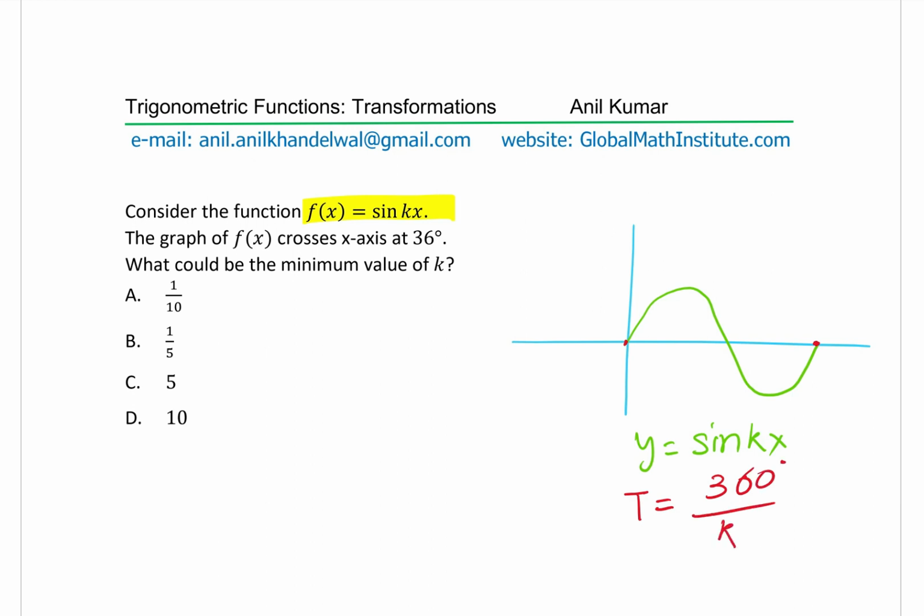In our case, we need to find what k is. However, we are given one particular value: the graph of f of x crosses the x-axis at 36 degrees. So normally, this will be 180, but now we are saying this particular point here is 36 degrees.